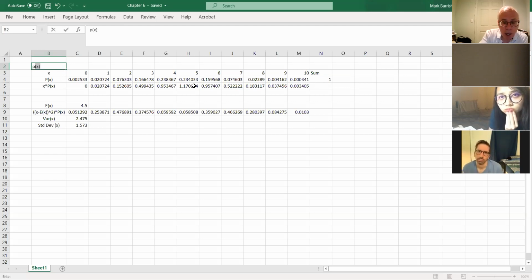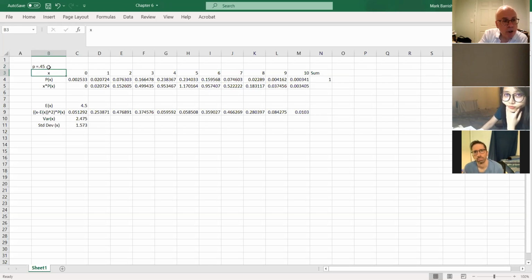Notice I use big P to represent the individual probabilities of the binomial experiment, but small p is going to represent the probability of success. I'm not going to use pi. I'm just going to use small p. And I believe in this case it's 0.45.